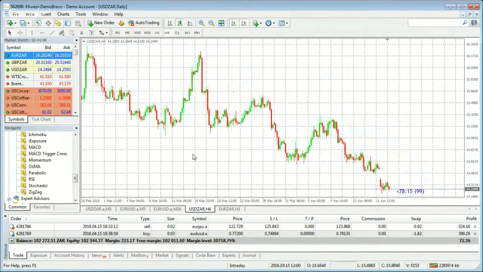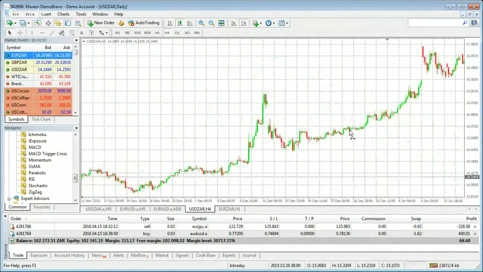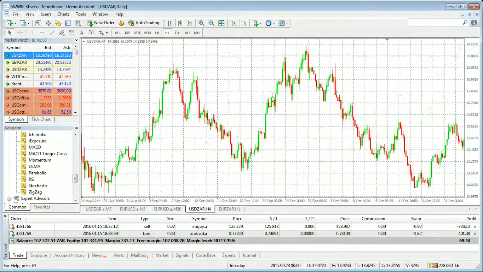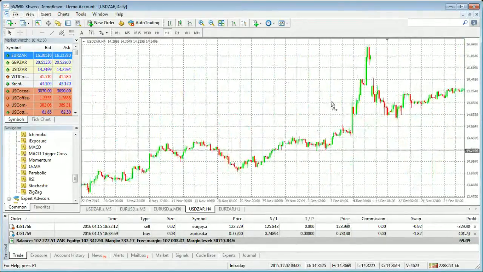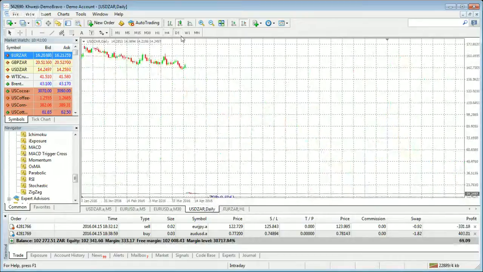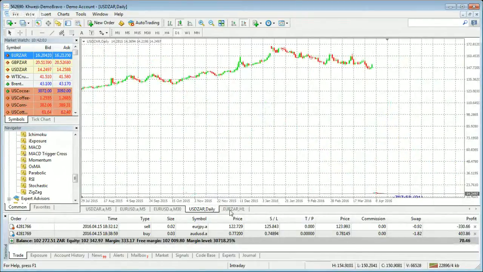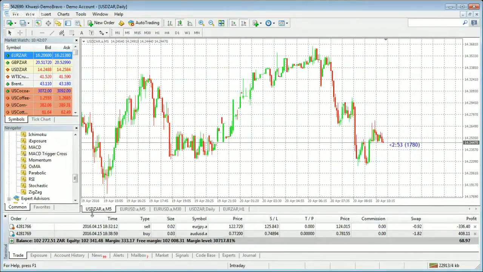So the only issue is actually the daily. Yeah, 4 hour looks good as well. So it's only the daily with the issue of the data. That's why I use specifically the US Rand with an A for my calculations, though I like using the actual chart for my calculations.